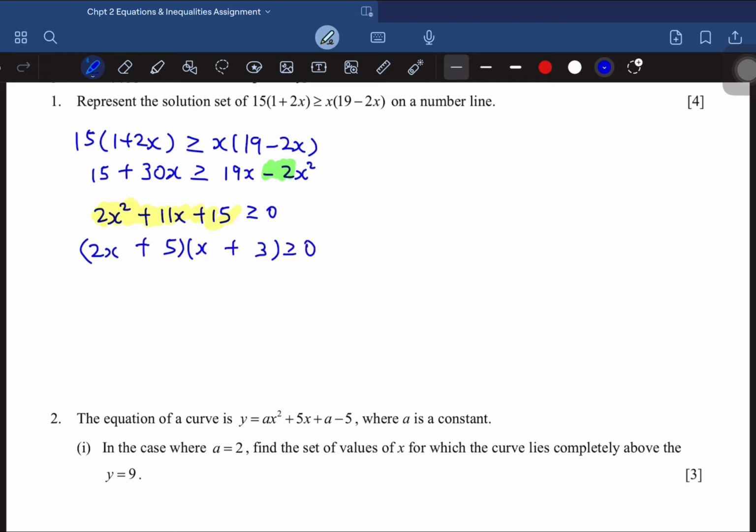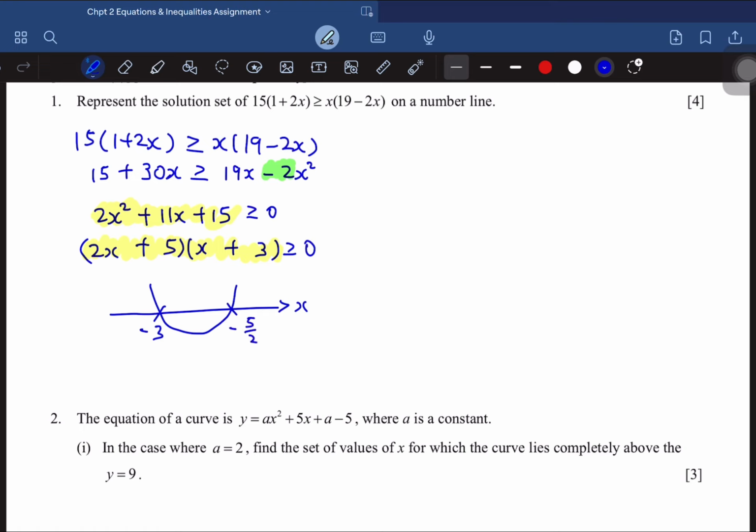Then over here we will find out where the x-intercept is, which means that imagine this quadratic curve, where it cuts the x-axis. So with this, the x-intercepts, I have negative 3 and negative 5 over 2.